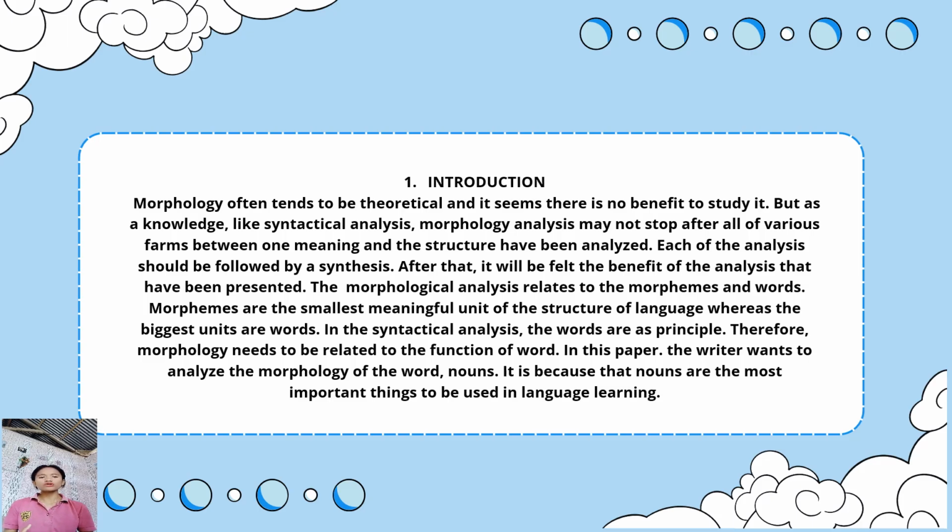Therefore, morphology needs to be related to the function of the word. In this paper, the writer wants to analyze the morphology of words, namely nouns. It is because nouns are the most important thing to be used in language learning.